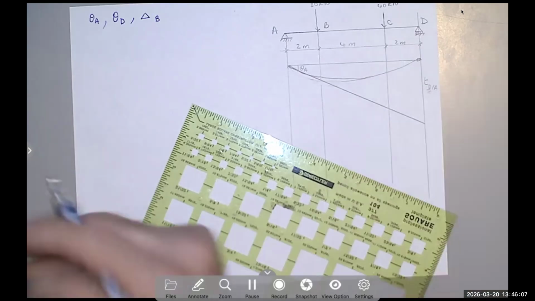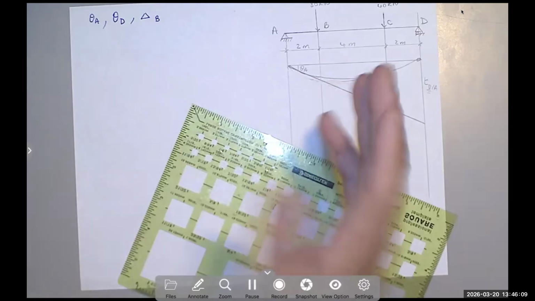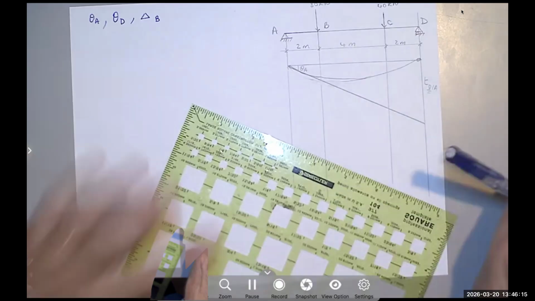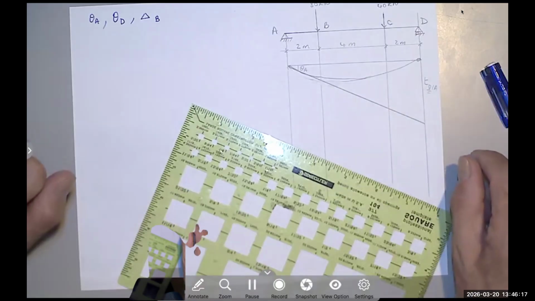If it's more than that, you can break it into triangles and rectangles and do the work similarly. Okay, so that's how we are going to find the deviation.